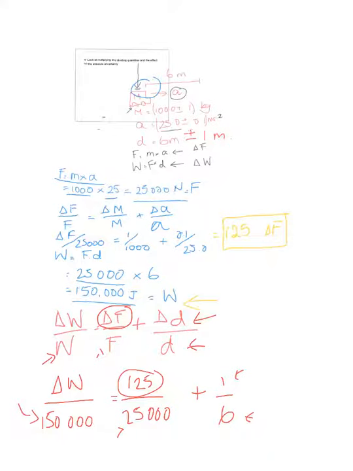So now our absolute uncertainty working out includes the following step. Work out the fractional uncertainty in work done, which is equal to this section. And this should give you approximately 0.17. And then you multiply by 150,000.